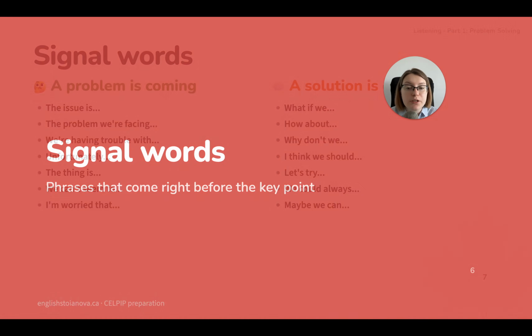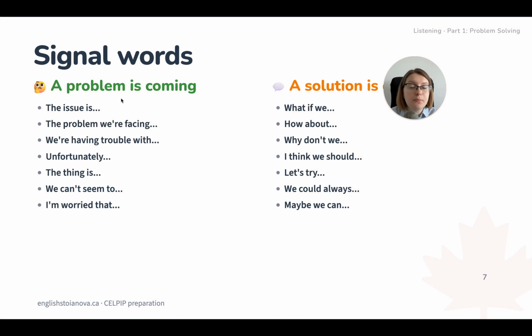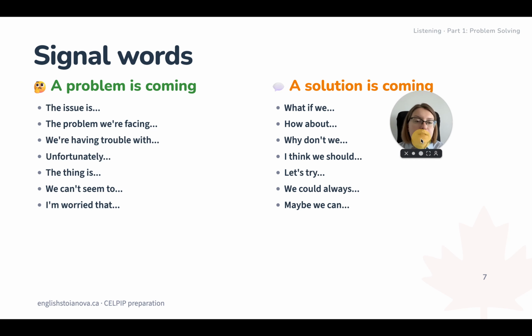So, signal words, what to pay attention to. When the problem is introduced, you might hear something like: the issue is, unfortunately, we are having trouble with, I'm having trouble with, I'm worried that. And then the solution, when it's coming in the audio, you might hear something like: let's try, maybe we can, how about doing something.